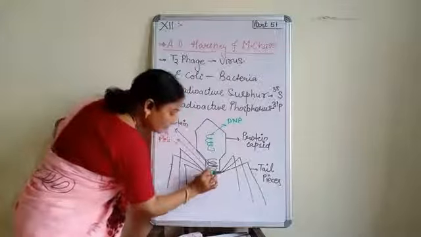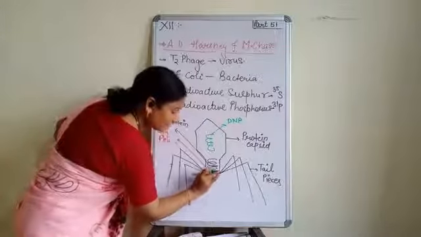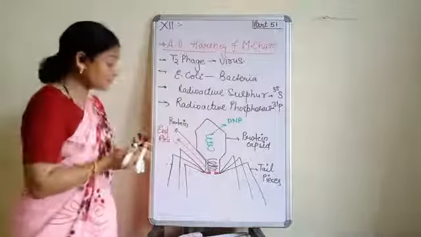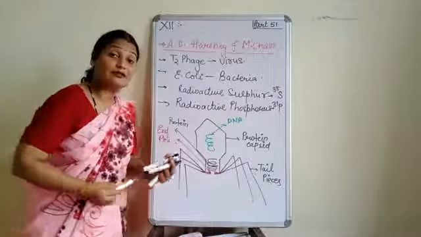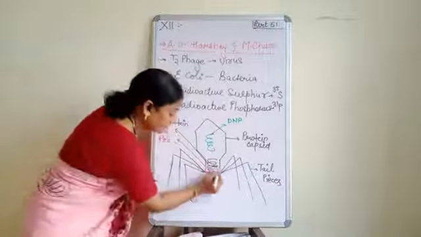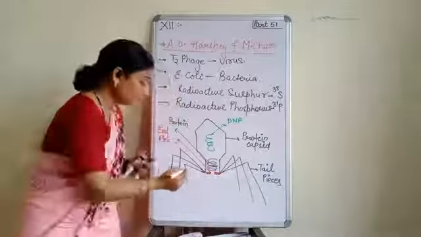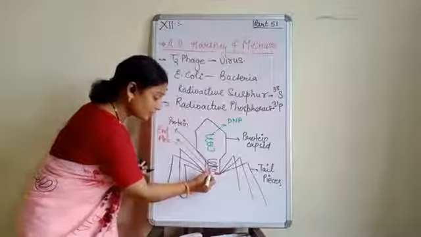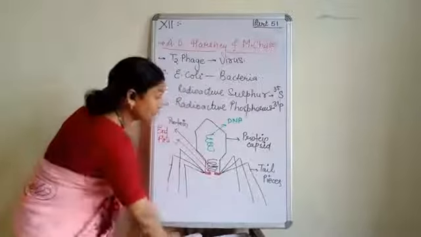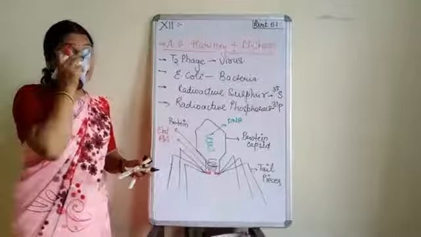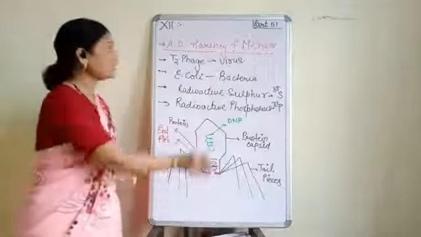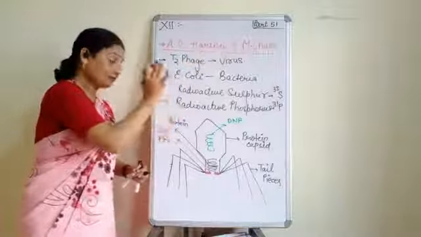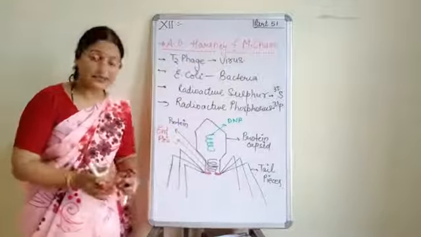Now, there is a perforation, children. Okay. Now, this is the structure of the T2 phage virus. Virus is basically made up of two things. One is the protein and the other one is the DNA. Now, out of this, it was easy for the scientist to say which one is the genetic material.